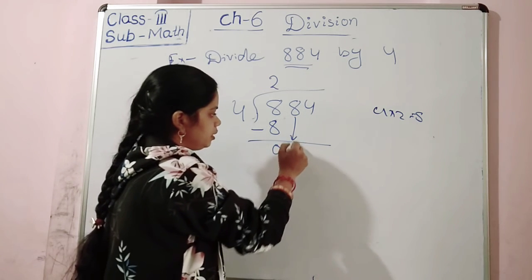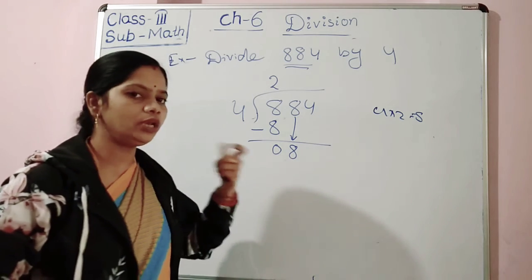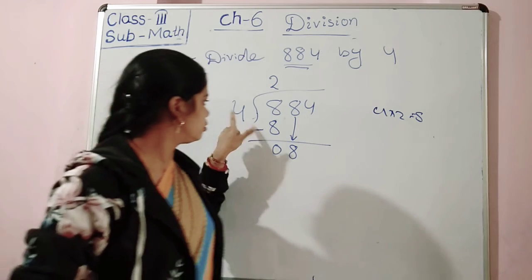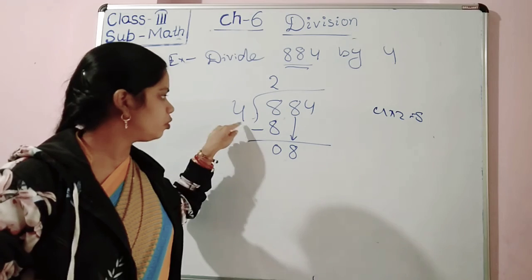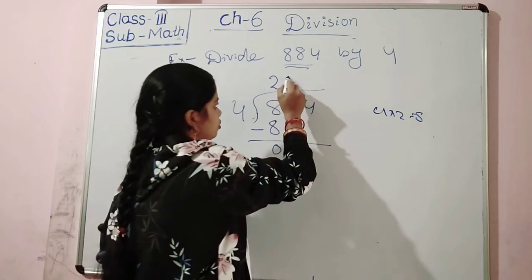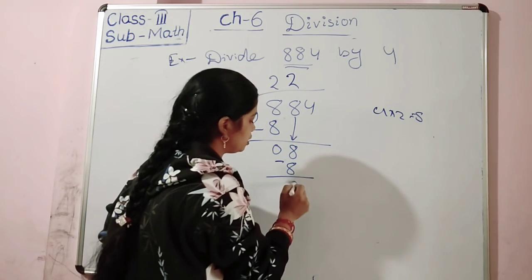Then the next 8 comes down. Next step, what will we do? Again read the table of 4. How many times is 4 going into 8? 2 times also. 4 2s are 8. You write 8 and subtract: 8 minus 8 is 0.